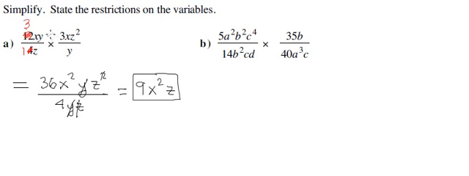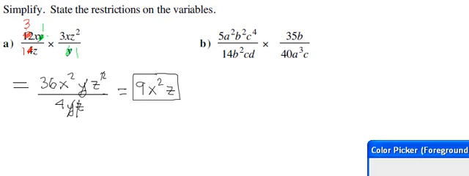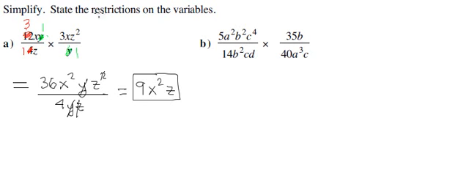We have y divided by y leaves 1, and y divided by y leaves 1. And last thing we can do, here we have z squared over z, so z divided by z leaves 1, and z squared divided by z leaves simply z. So we've got all our reductions done.